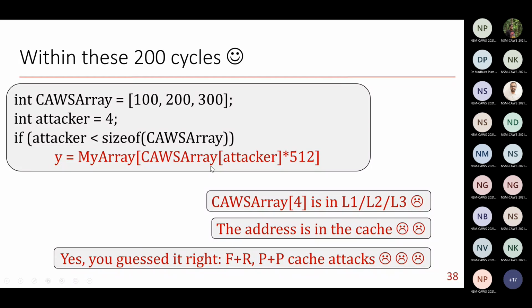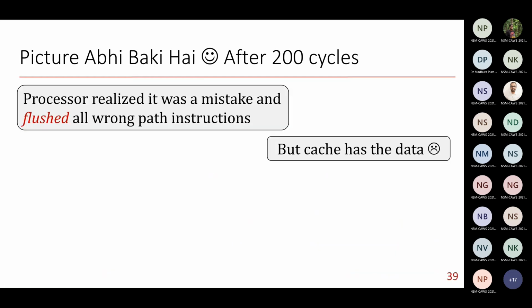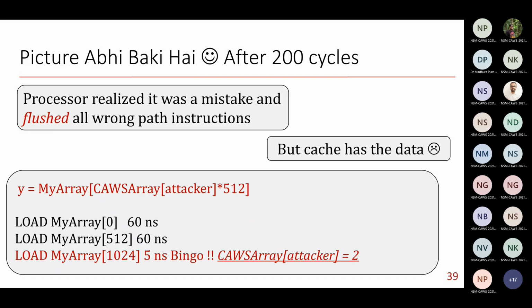Okay, we are not supposed to touch it, but we will be able to get the exact value. Let's see how. So eventually the processor will realize that it's a mistake. So it has to undo or flush out all the wrong path instructions. But remember the cache has the data because the processor has moved ahead and it has brought the data. Now the attacker will try to access its own array, which is my array. That attacker is able to access because that is mapped to its own address space.